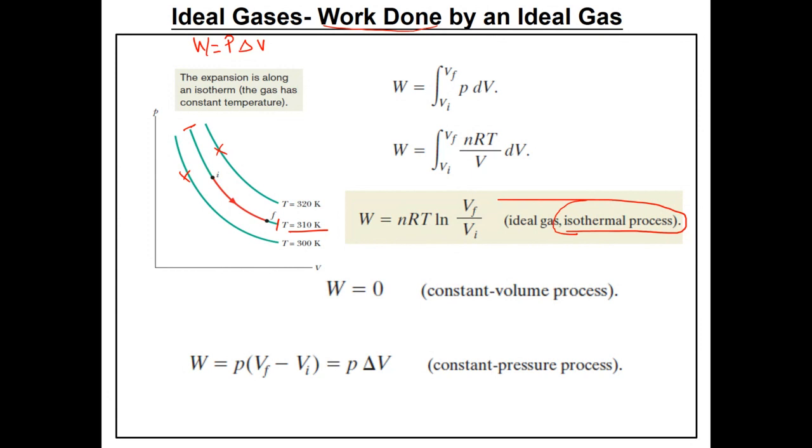My temperature is constant from the start to the end. So in such a case, how do we find the work done? To find the work done for these gas molecules under constant temperature, we use this formula: W equals P delta V, which I can write as P dV.